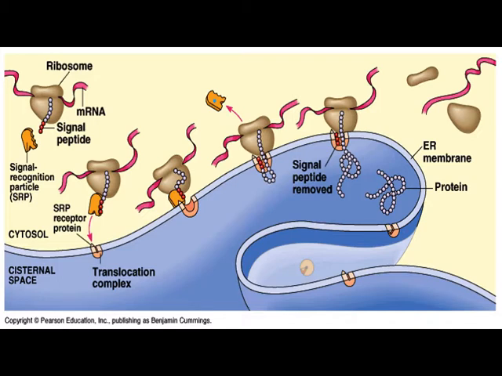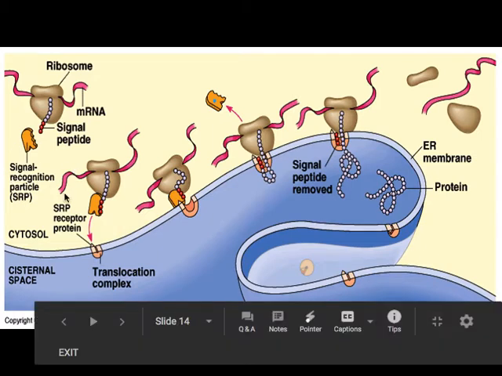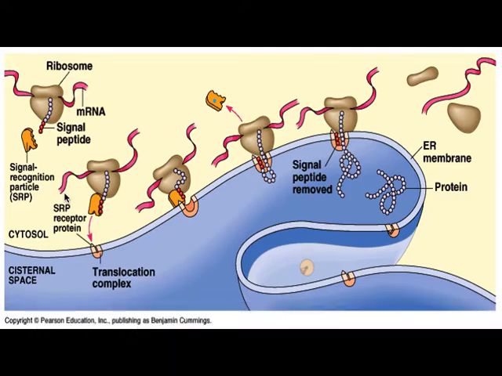So the SRP pulls it in? Yeah, into the endoplasmic reticulum. So this is another group of proteins that can pull your complex into the endoplasmic reticulum. All right? Sketch this. There's no other way to remember this in words. Like this, pull.